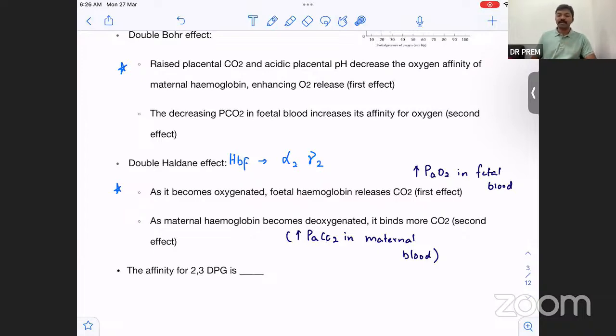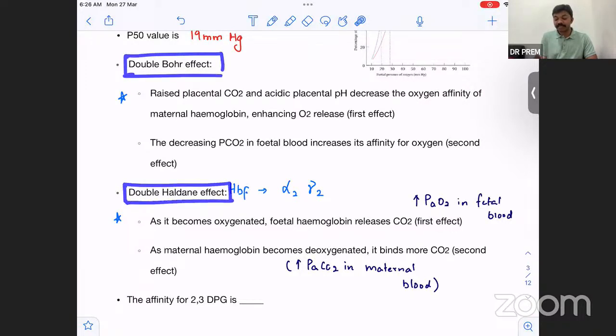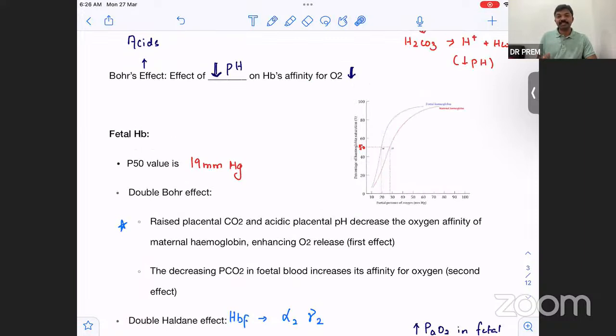So please remember, you have to be clear and thorough with every single aspect of the oxyhemoglobin dissociation curve, in which these two topics, double Bohr effect and double Haldane effect, have been asked for a very long time, and there is a good chance that this might get repeated. Be aware of it. And what you're seeing here is a curve that stands for fetal hemoglobin.